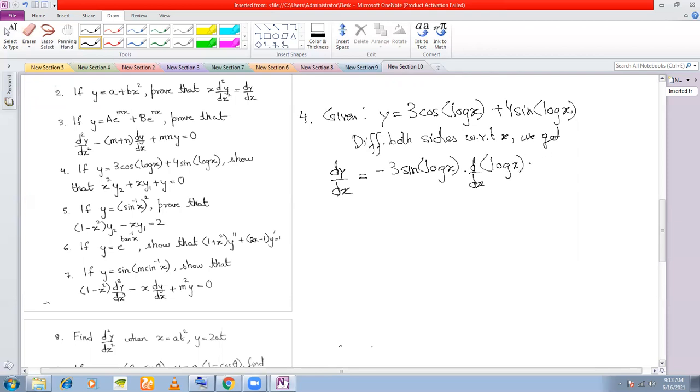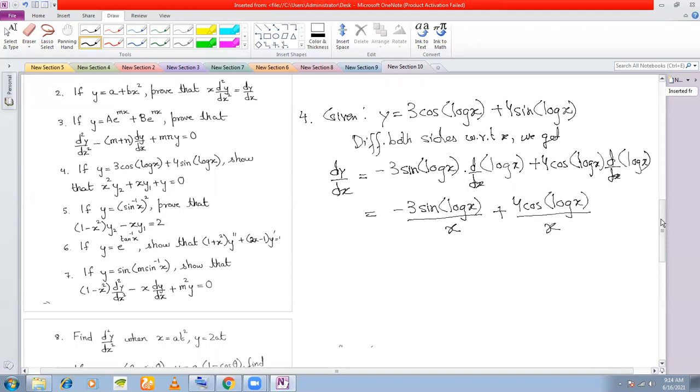Similarly here, you get 4 cos log x into the d/dx of log x. So what do you get here? Minus 3 sine log x. d/dx log x is 1 by x, plus 4 cos log x. d/dx log x is 1 by x.